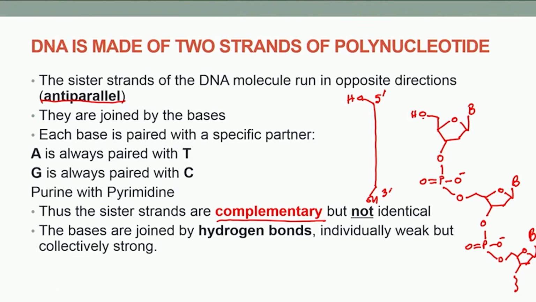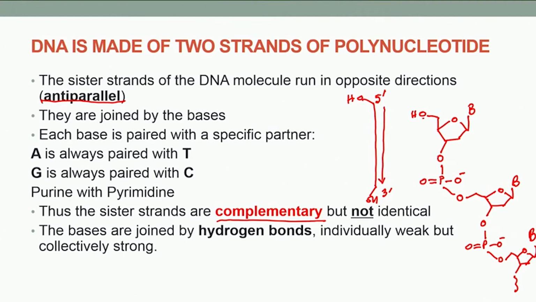What is 5 prime? Like in an amino acid peptide, you have an N terminus and C terminus. Okay, those are free. So, here which hydroxyls are free? On one end the 5 prime hydroxyl is free and on the other end the 3 prime hydroxyl is free. So, we say that this runs from the 5 prime to 3 prime direction.